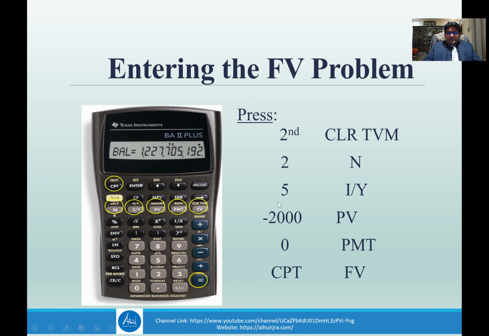Why are we putting a minus here? In the time value of money calculator, it takes the present value as negative. Why? One is inflow, the other is outflow. When you invest in the market or in any project, that is outflow.